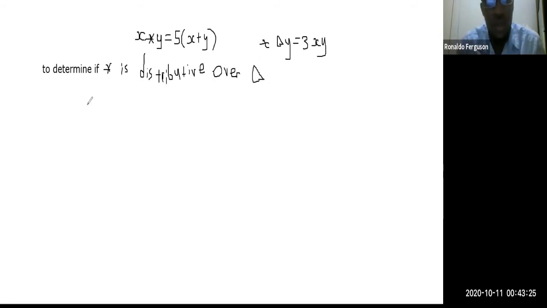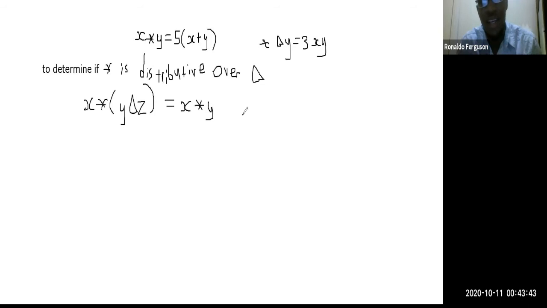If star is distributive over delta, then x star y delta z should be working out to be x star y delta x star z. That's if star is distributive over delta. So let's find out if this is true.